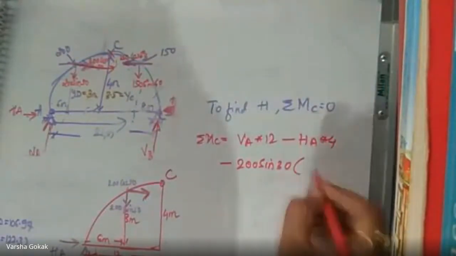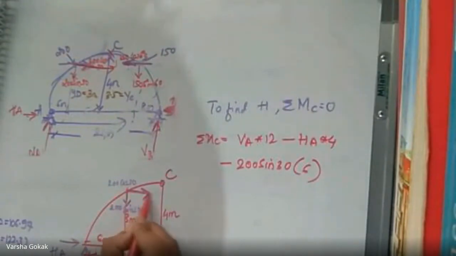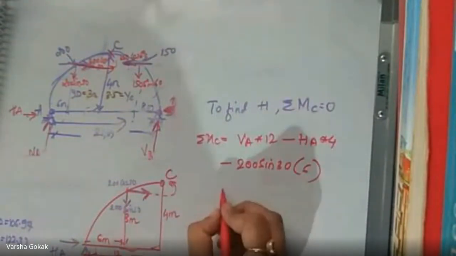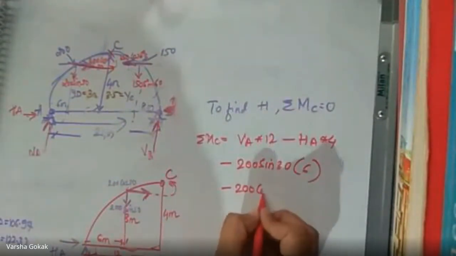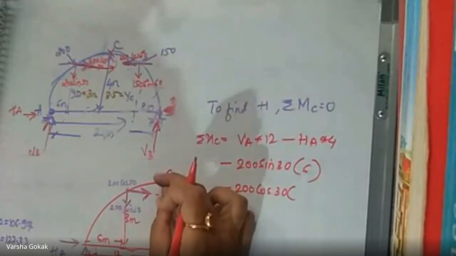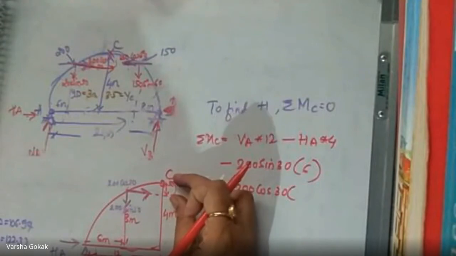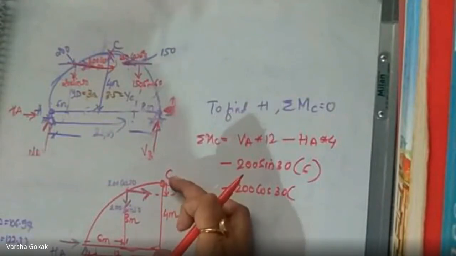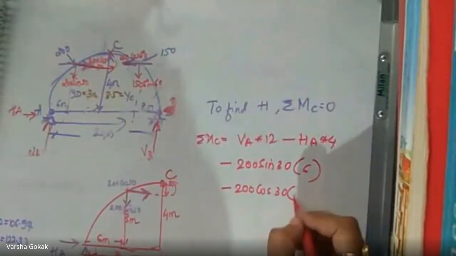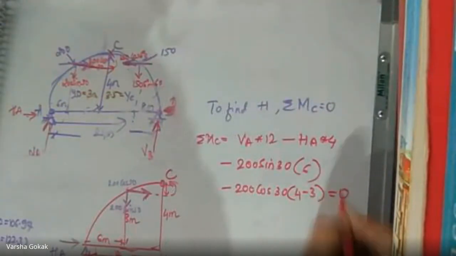So 12 minus 6 is 6. And then you have this 200 cos going in this direction. So minus 200 cos of 30 into what is this distance? Can you calculate and tell me how to get this height? Total is 4 and this is 3. So the distance is going to be 4 minus 3.